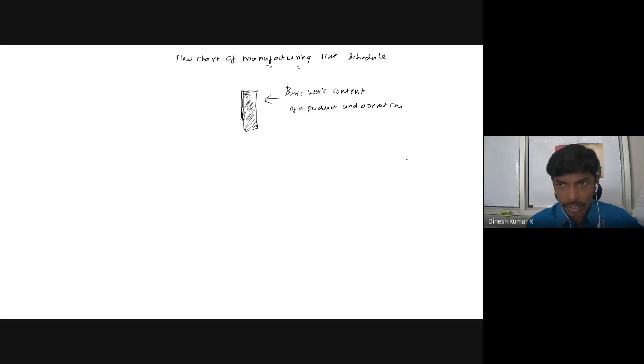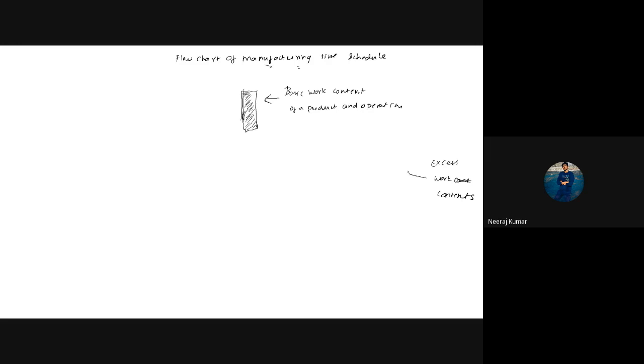So the job setup time, everything comes with your basic work content, which we cannot avoid. That is the minimum time required to produce your product. So excess work content: how are they differentiated? What are the subcomponents of excess work content?